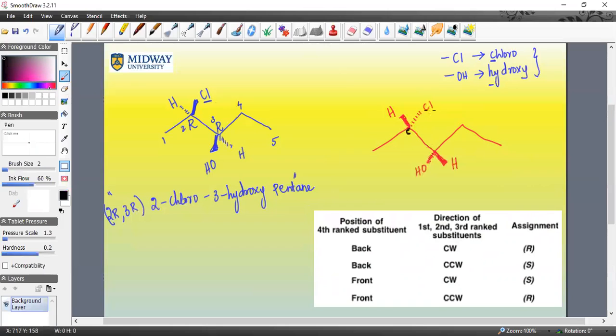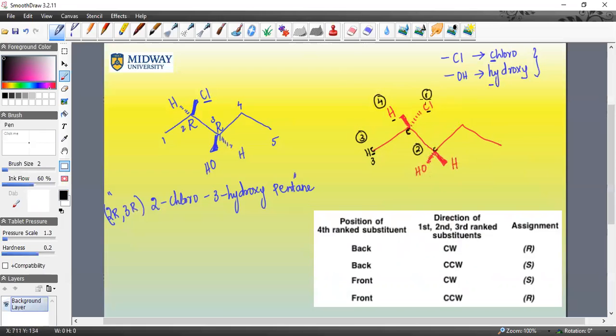This carbon is attached to a Cl, a hydrogen, a CH3 carbon with 3 hydrogens, and a carbon with this whole thing. But we focus first immediately on what is attached. So this is 1, and this whole thing is big, so this is 2, this is 3, and that's 4.